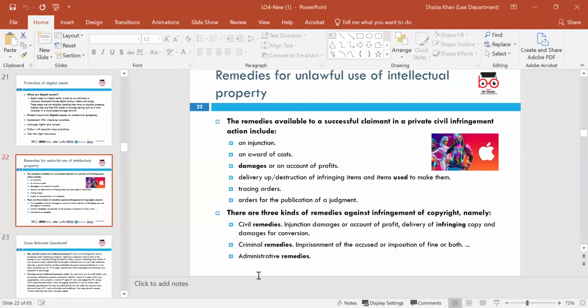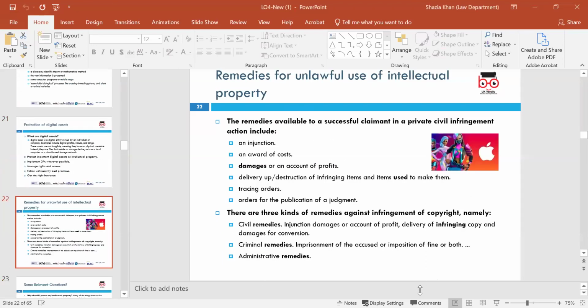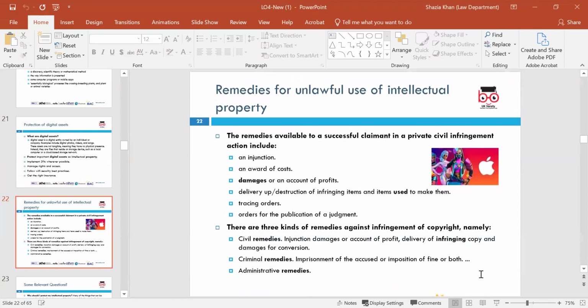Remedies for unlawful use of intellectual property. So intellectual property gives you certain exclusive rights to your intellectual property. Where someone infringes on these exclusive rights, certain remedies become available to the owner of the intellectual property.